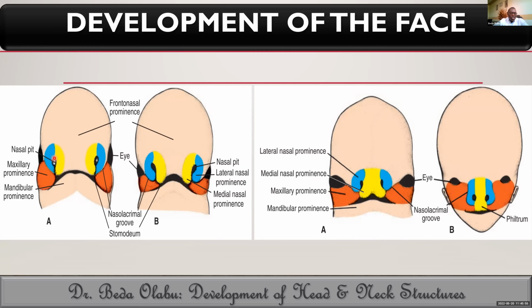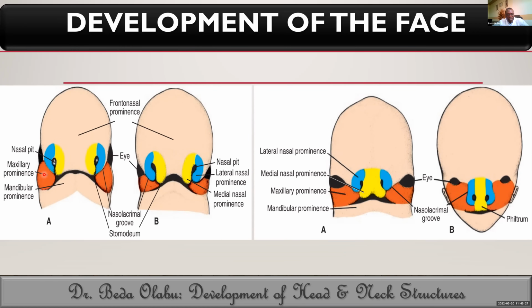Because of the formation of the nasal placode and then the nasal pit, the nasal prominence is divided into two: the medial nasal prominence in yellow and the lateral nasal prominence in blue. So this becomes the frontal prominence, which is that one or that one or that one. This blue and yellow are the nasal prominences, medial and lateral.